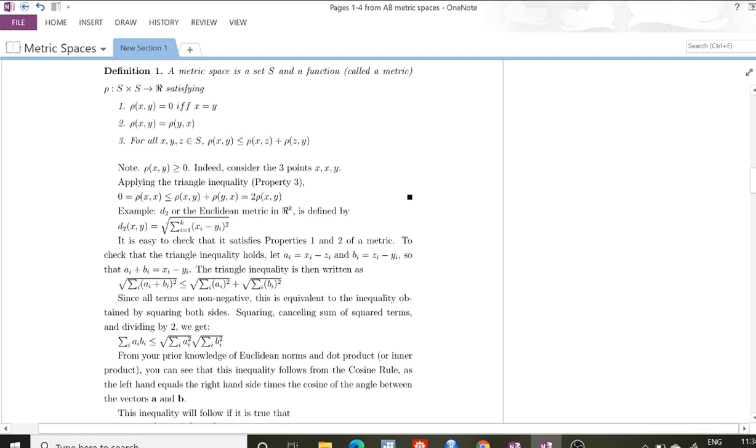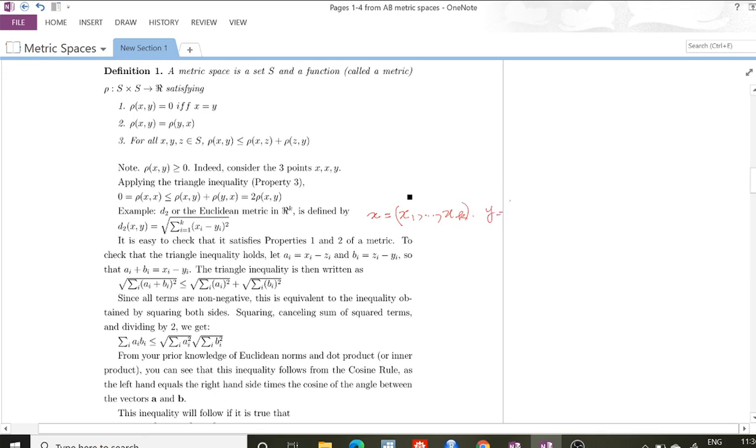And so the Euclidean metric, in order to define that, there's this underlying notion that each point x has a set of coordinates here in k-dimensional real space, a set of k coordinates, x1 to xk.